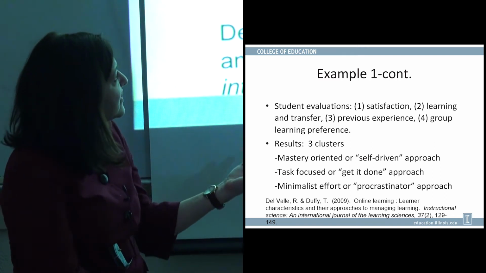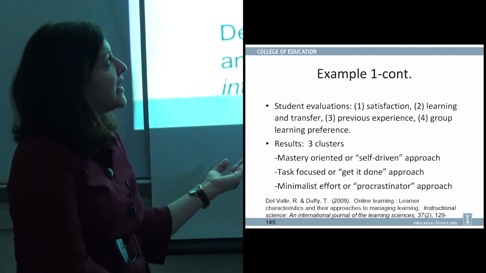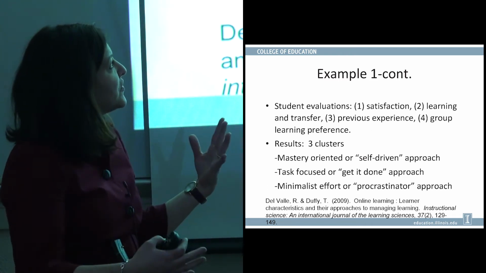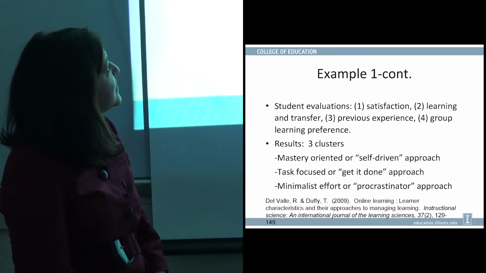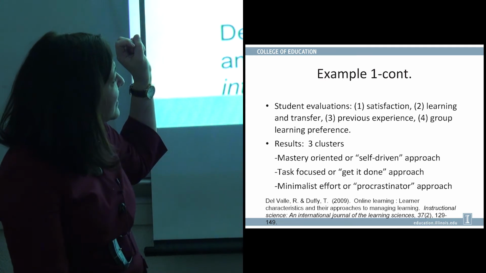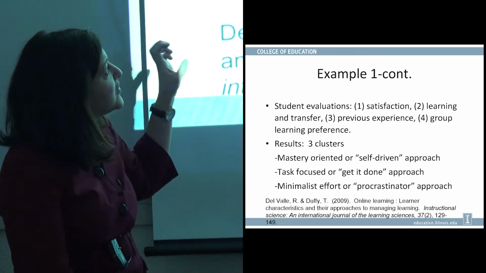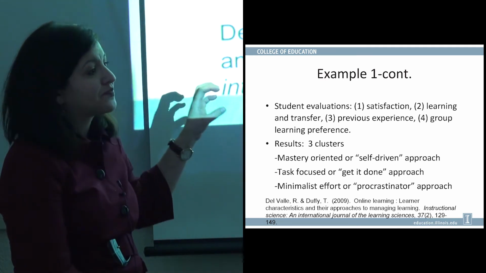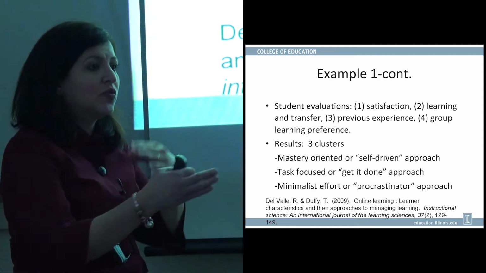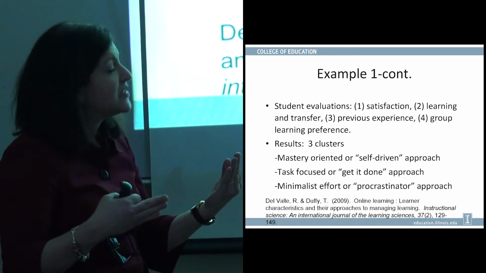They also looked at learning transfer, the previous experience that they had with some sort of online resource, and their learning preferences. And the interesting thing is that they found 3 different clusters, or different kinds of learners. Learners that were mastery-oriented or self-driven, who knew how to navigate the resources.